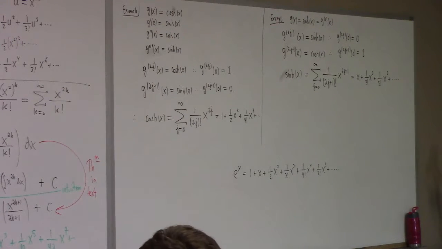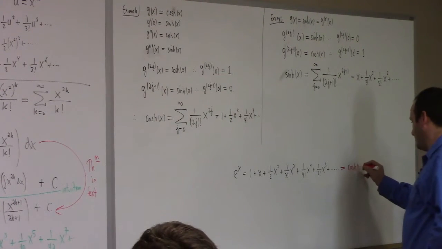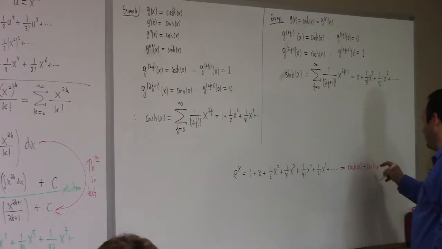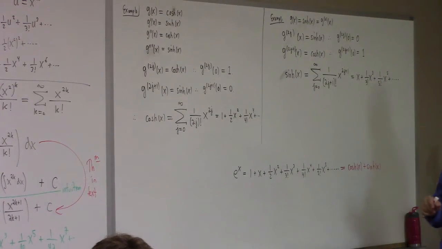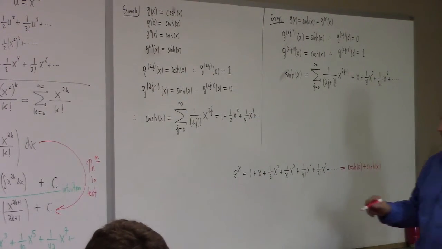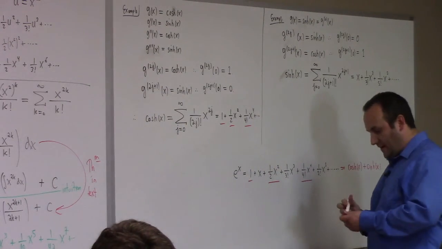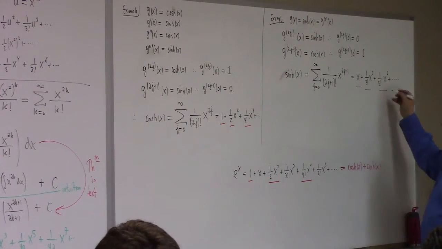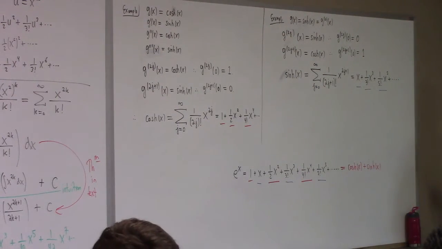Exactly, it's cosh x plus sinh x. But I can be more precise. The even terms in the exponential series are the cosh series, and the odd terms in the exponential series are the sinh series. It all works together.